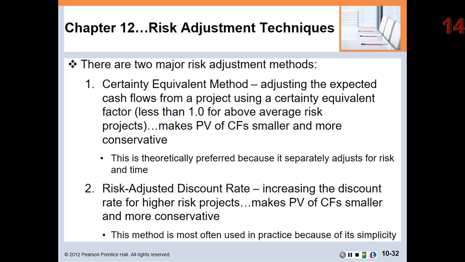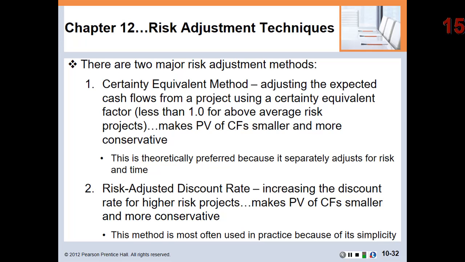So there's a couple of different ways here. This is all you need to know about these two risk adjustment techniques. Okay, so there's two listed here. One is called the certainty equivalent method. And basically the certainty equivalent method uses something called a certainty equivalent factor to essentially make the cash flows that we expect to flow in from, say, these computer sales by Nike, make those cash inflows smaller, more conservative.